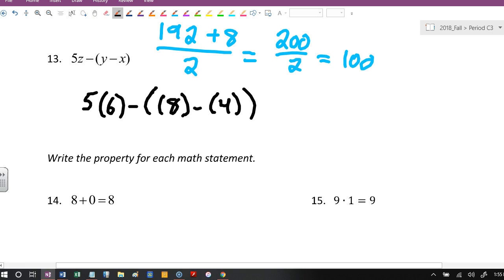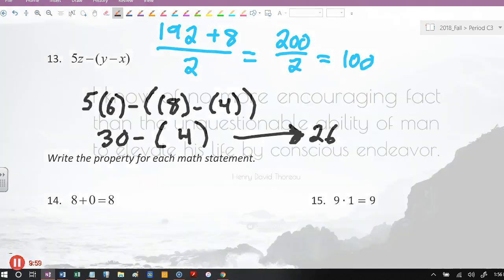Next, you would multiply the numbers inside of the parentheses, which would be 8 minus 4. Not multiply, but subtract. That's what you meant. Okay, so 8 minus 4 is 4, and then we can multiply 5 times 6. And that would be 30. 30, and then minus 4 is 26. All right, do we agree? Yeah! Awesome.